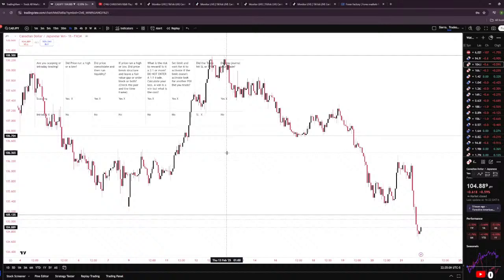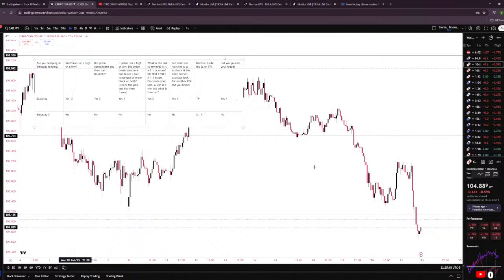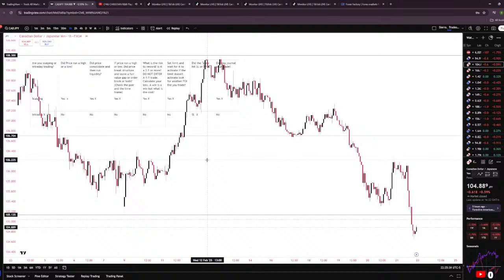This would have been an intraday trade because I marked up the weekly CRT. All right, did price run a high or low? This was last week's low right here, and as you can see, price did not run it until today. So that's a no. We did not have a qualifying trade on CAD JPY this week.